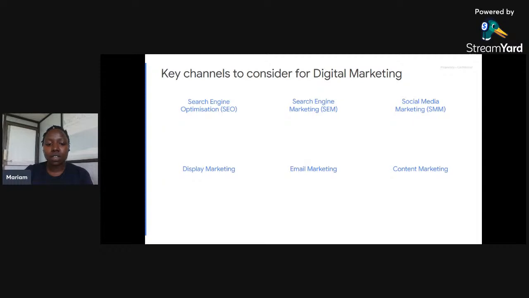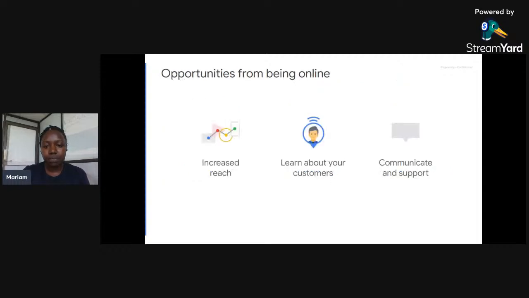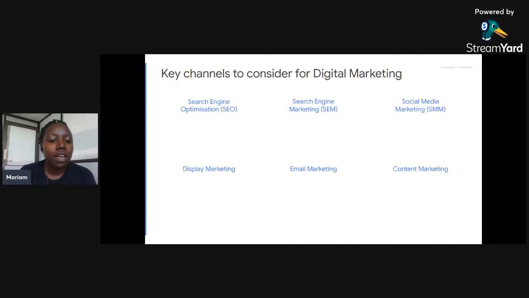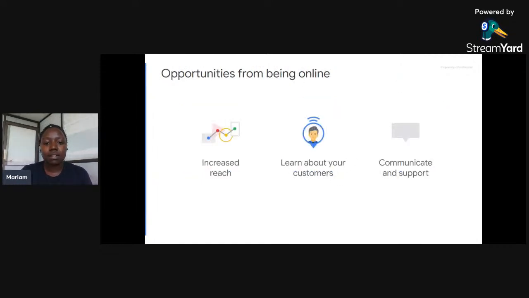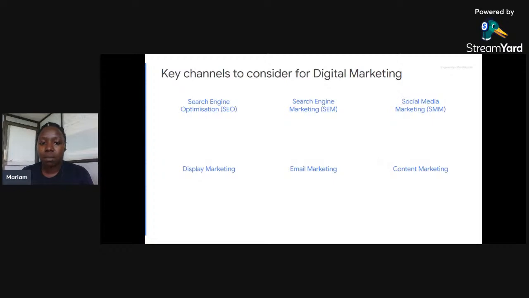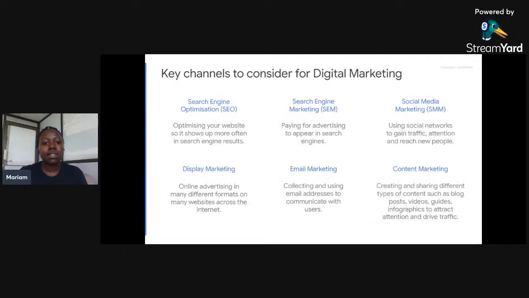And all of this you can do through a number of channels: search engine optimization, search engine marketing, social media marketing, display marketing, email marketing, and content marketing. They will be blended together when we are coming up with our strategy. So for now, let us look in detail at what we mean by all of these channels you have at your disposal.